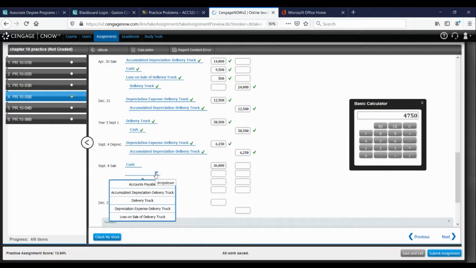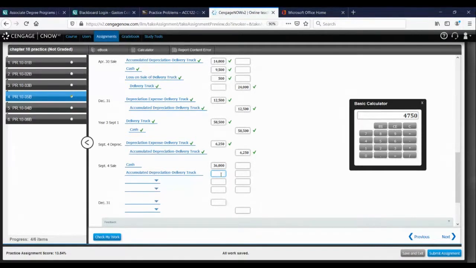Our accumulated depreciation on the delivery truck would also be debited. It would be debited for the total amount, the balance that is in the accumulated depreciation. The balance comes from the $12,500 plus the $62.50, which amounted to $18,750.